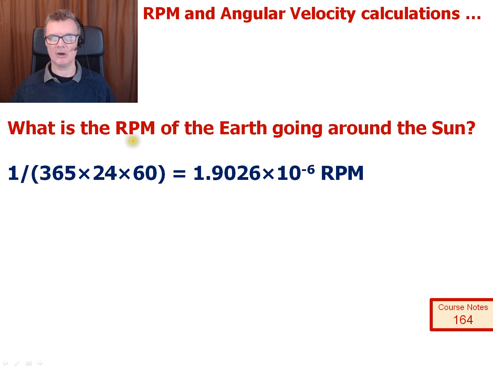So we're doing RPM. Don't forget RPM stands for revolutions per minute, so we want to take it down to minutes here. So the RPM is going to be 1.9 times 10 to the minus 6 RPM. So notice that the unit here is RPM, not hertz or something like that.